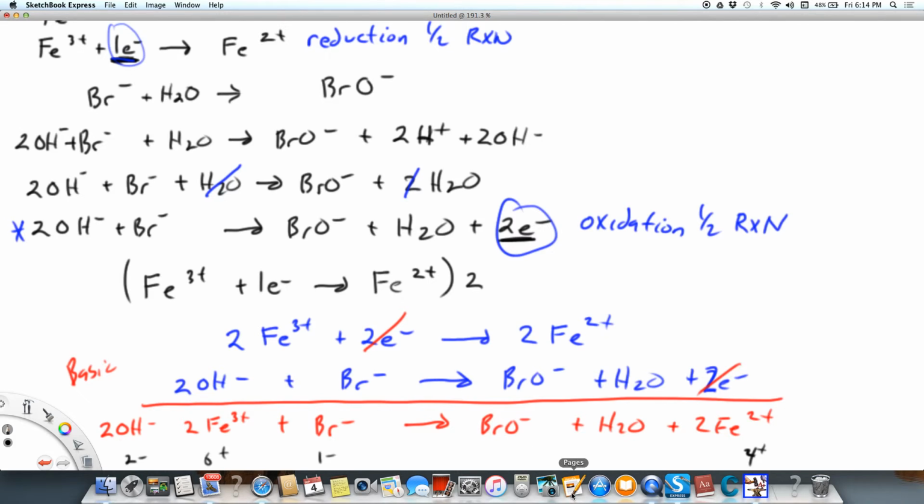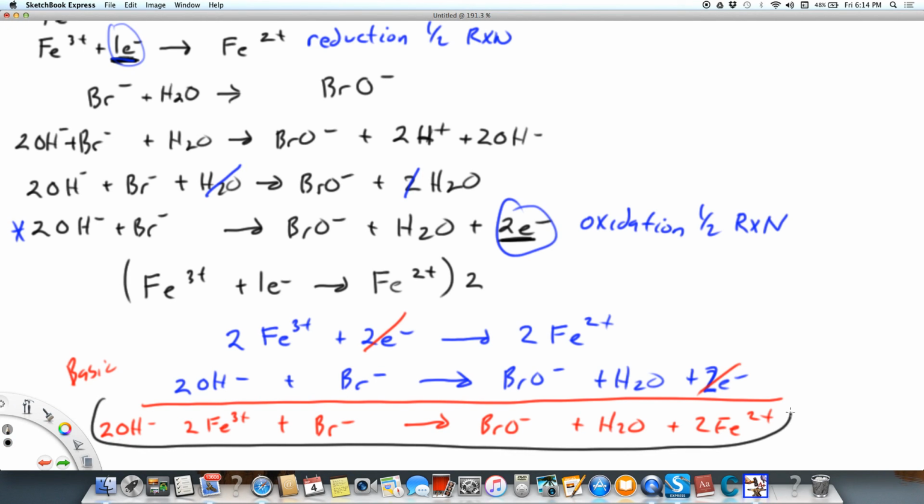And I've got 1 minus. So the net charge on the left side is 3 plus, and the net charge on the right side is 3 plus. So we're balanced with respect to our charges. That means we've checked everything, we're completely balanced, and this then is our answer for our balanced oxidation reduction reaction.